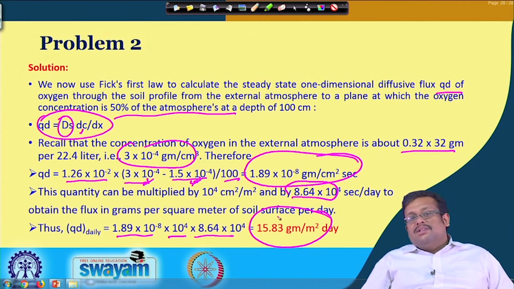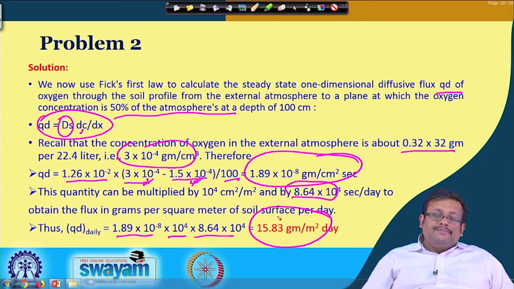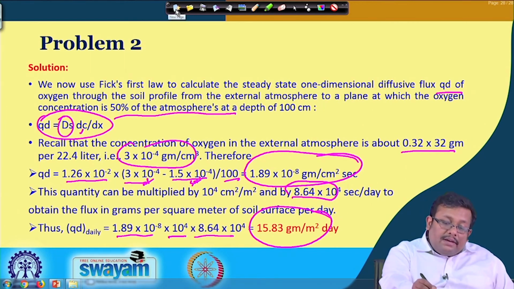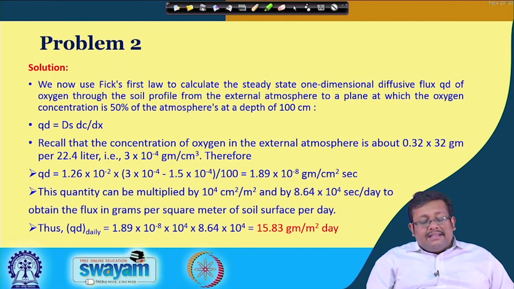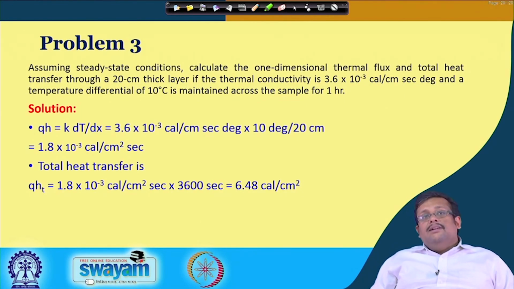We know that the final concentration is just half of the initial concentration, and the distance is given, it is 100 centimeter. Once we get that, we just convert into gram per meter square using a suitable multiplication factor. I hope that you have understood this solution. So let us go ahead and see our third problem.